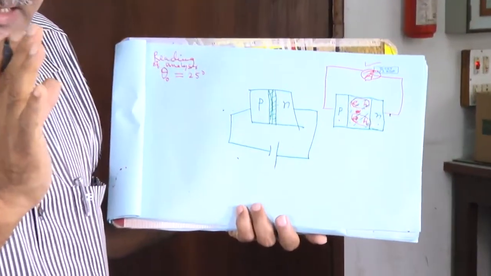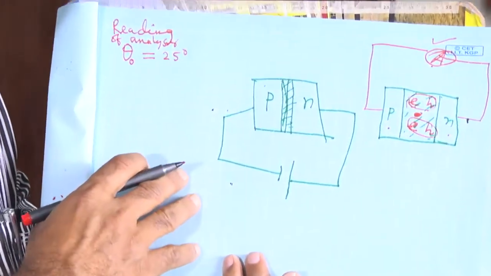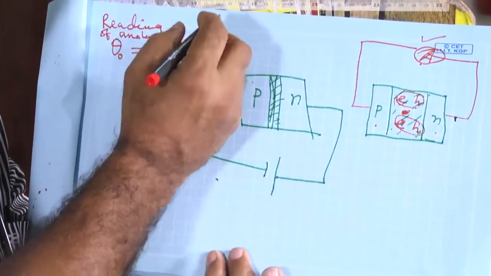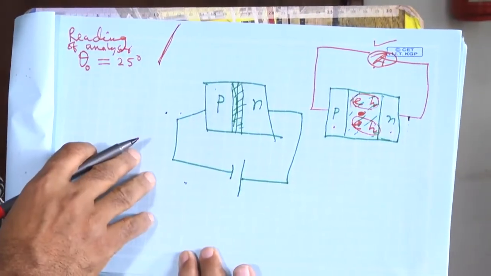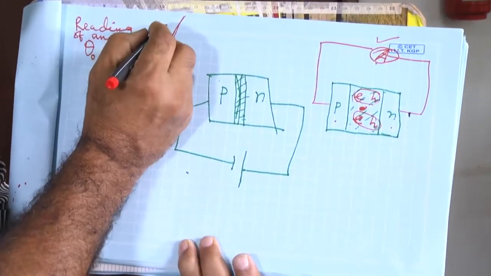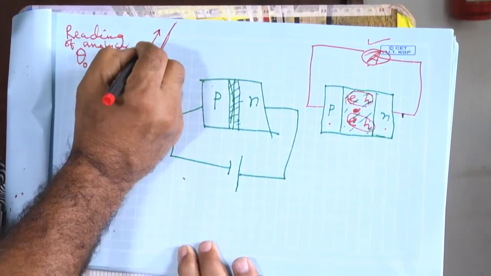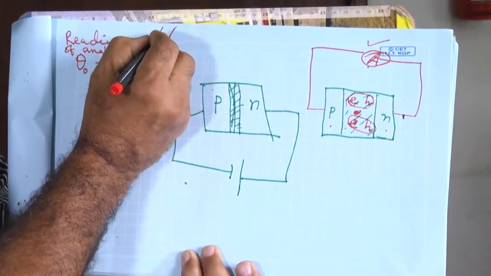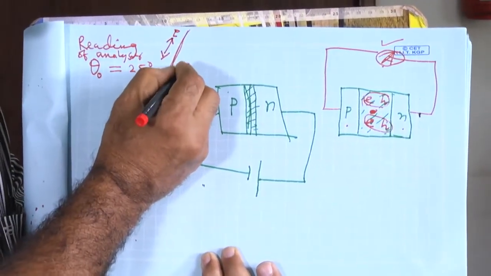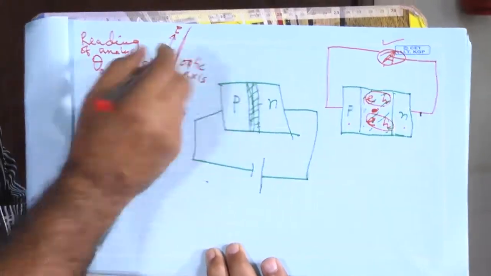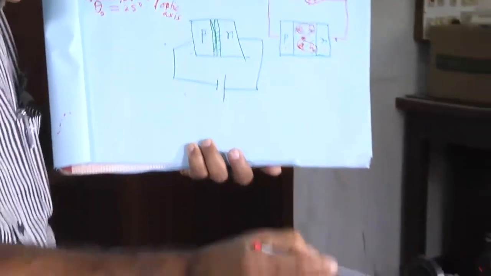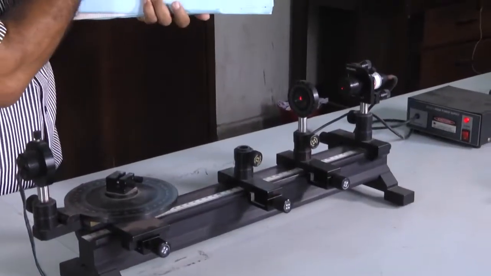So the optics axis is parallel to the electric component.